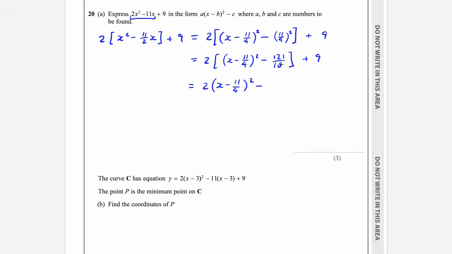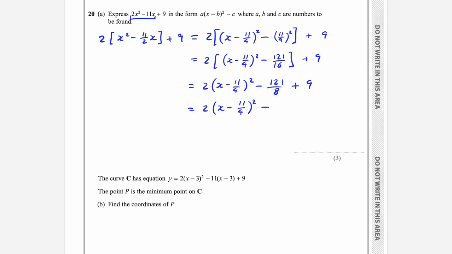That will actually just change the denominator to 8. So that's 121 over 8. And then I'll do plus 9 at the end. This gives me 2 times x minus 11 over 4 squared minus 121 over 8 plus 9.